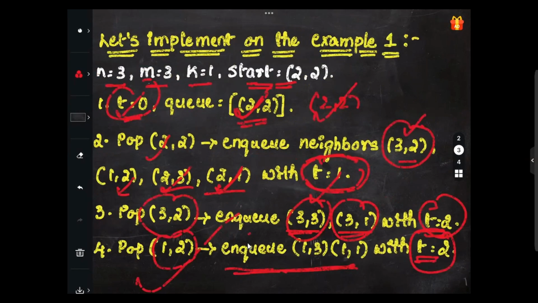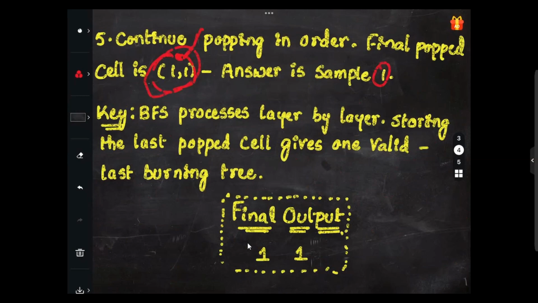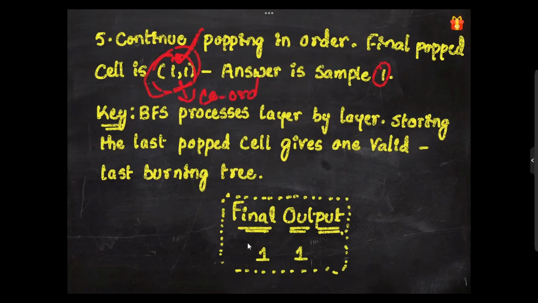So this is the coordinate basically. After continuing popping in order, the final popped cell is 1 comma 1. This is nothing but the coordinates. So the answer is sample 1, and we need to display the coordinates as output. So 1 comma 1 will be the output, right? We need to display 1 and 1.